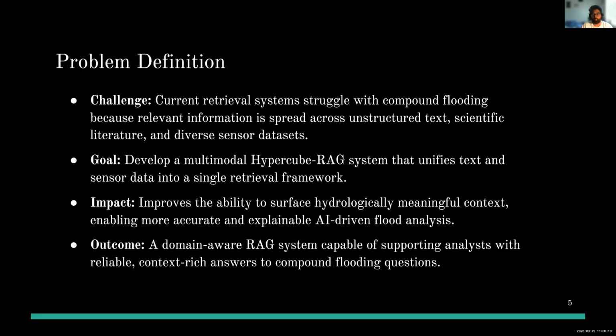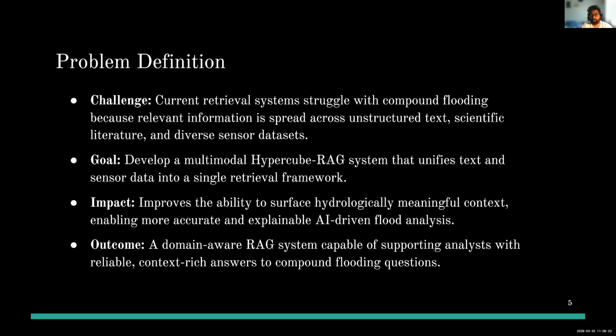The main problem that I'm tackling with my specific project is that current retrieval systems struggle with compound flooding because most of the critical information is extremely fragmented across unstructured text, scientific literature, and diverse sensor datasets.